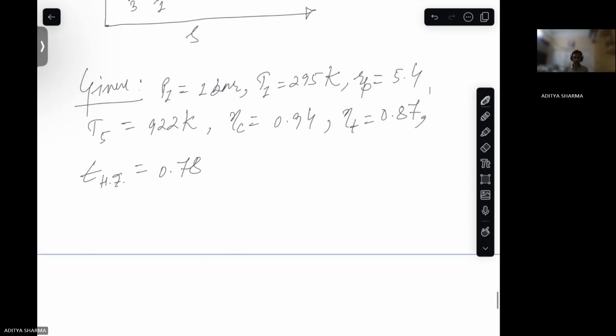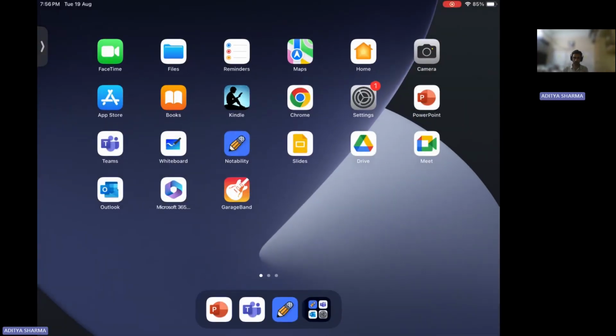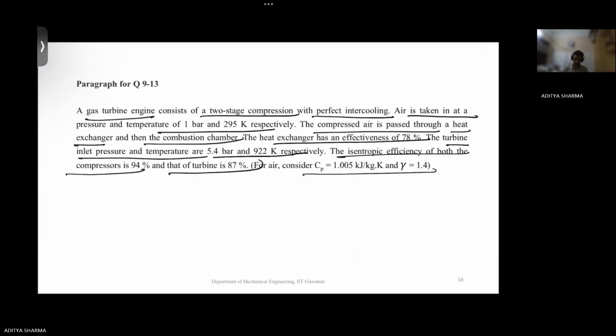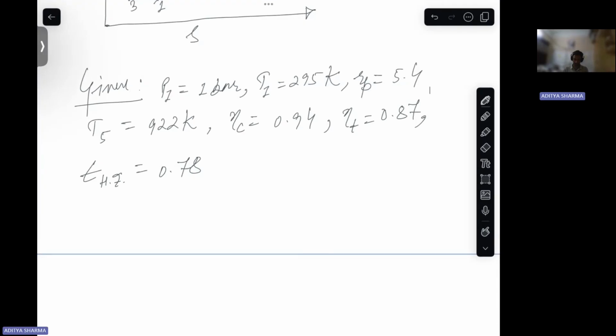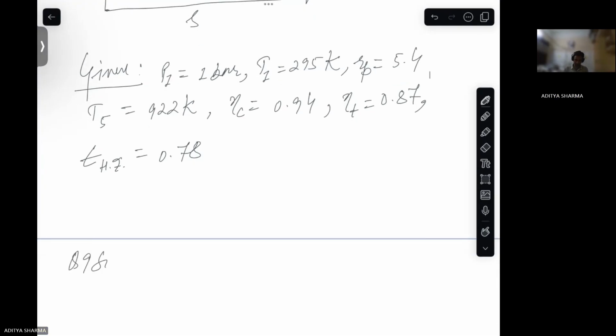Then first question is total work consumed by the compressors. The same way we'll find out T2. Pressure ratio for single compressor is this. So this is 2.32.